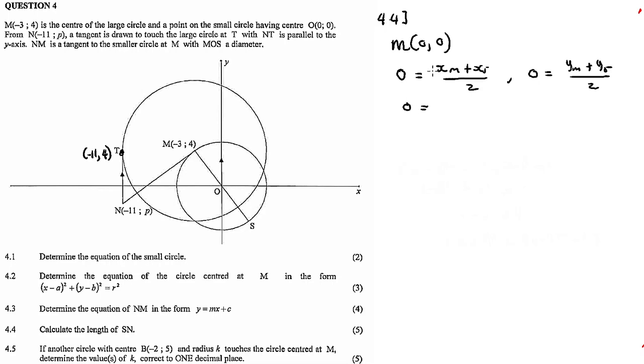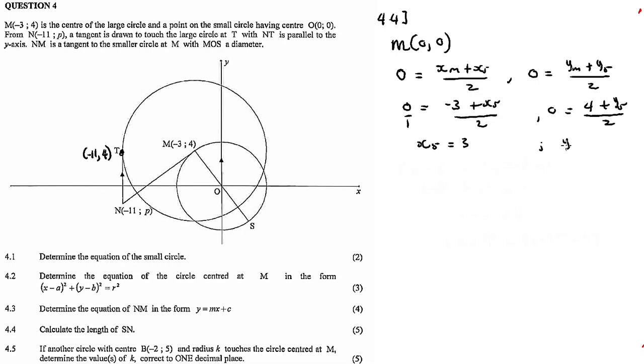0 equal to xm, which is negative 3, plus xs, divided by 2. Same here, substitute y, which is 4, plus ys divided by 2. Then cross multiply and I get 0. Basically here xs is equal to positive 3, because 2 times 0 is 0, and when I transpose the 3, xs is 3.